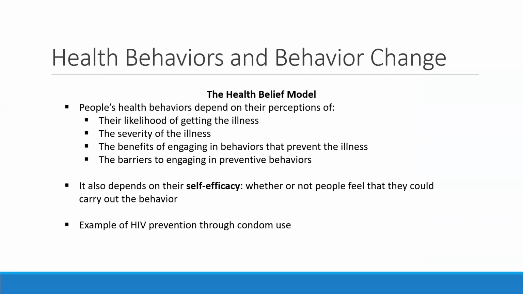Something like HIV, for example, people might feel that they're at really low risk because they don't know anyone with it, or they make false assumptions about what the type of person who has it is like, and that's not necessarily true. It might be based on stereotypes. And so making people aware that they are at risk like anyone else can increase their likelihood.